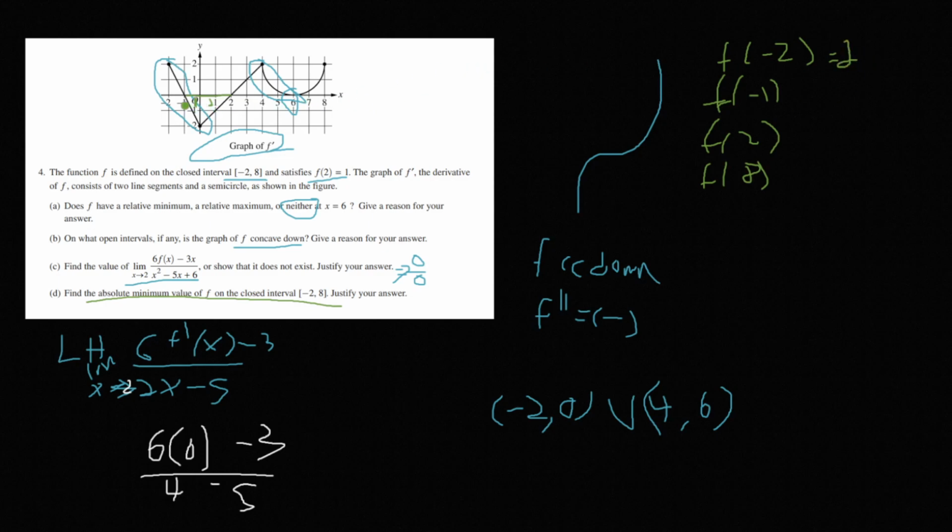F of -1 is 3. F of 2 is 0. And f of 8 is going to be greater than f of 2, so I don't want to calculate this area. So of all of these critical points, it is f of 2.